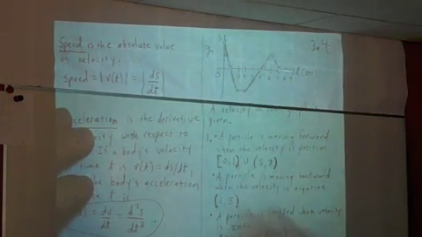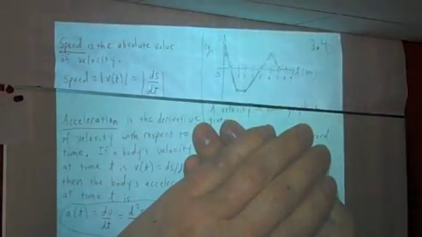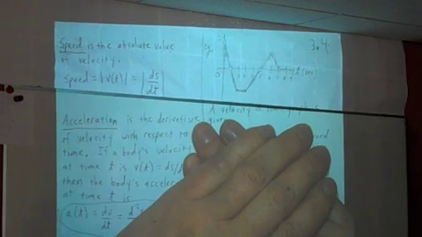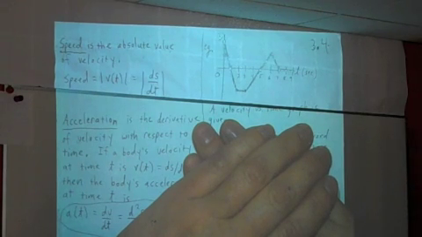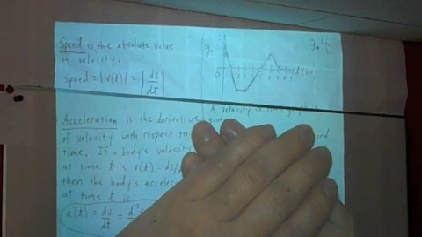During what time intervals? 0 to 1, 5 to 7. Why are you moving to the right from 0 to 1 and 5 to 7? Yes, because if you're looking at a velocity graph, you're moving to the right when the velocity is positive. Does that make sense, you guys?